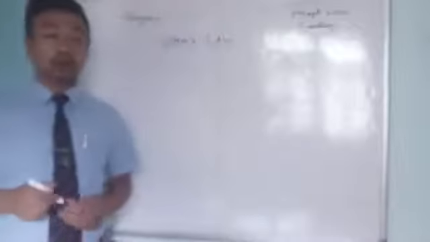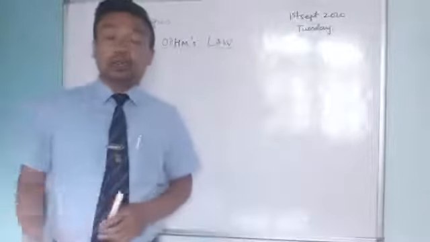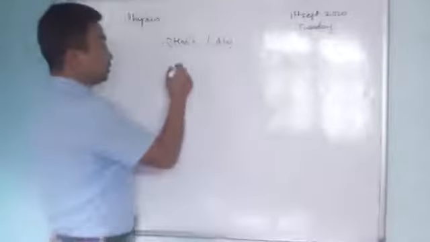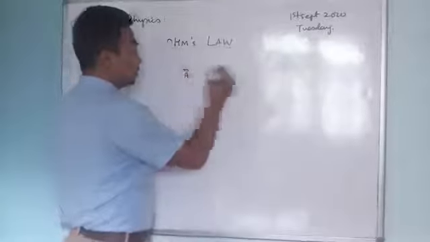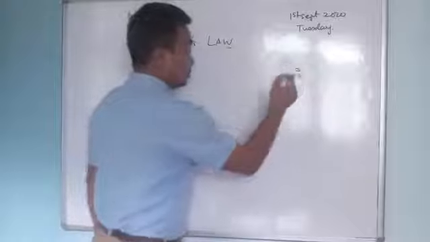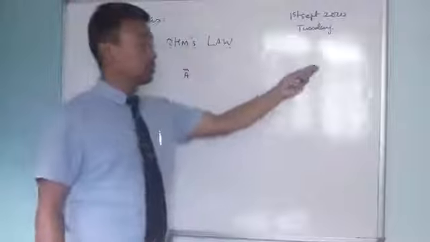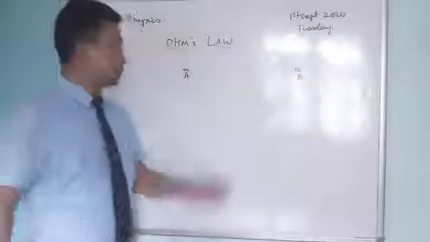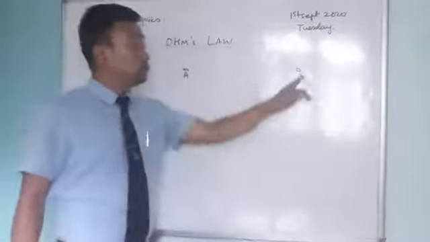In Ohm's law, we study the relationship between the potential difference and the current. Alright? Now, if you want to have a continuous flow of current, suppose you have a conductor A and a conductor B, and you want a continuous flow of current from A to B or from B to A. The most important condition is that there should be a difference of potential.